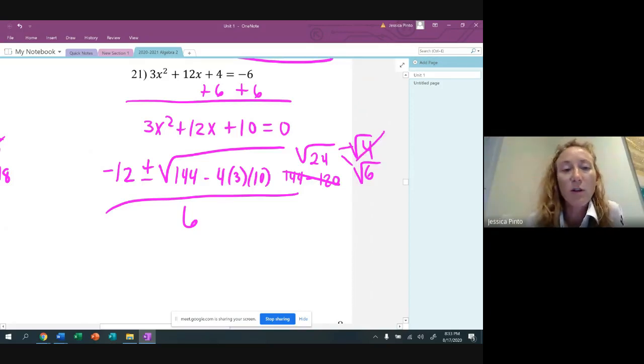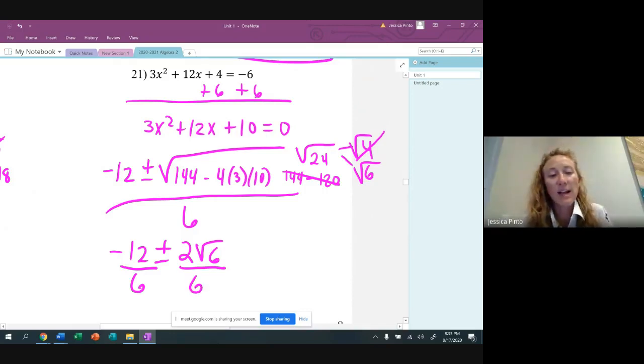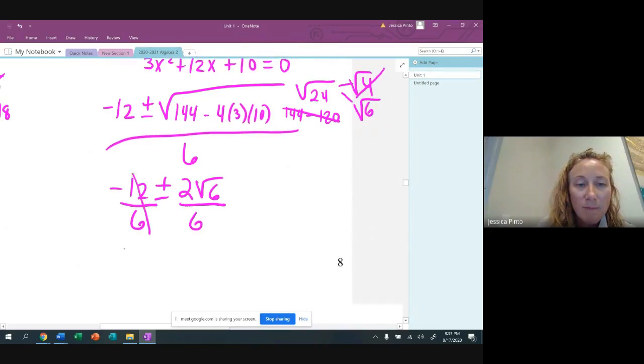So the square root of 4, I've got -12 plus or minus 2 rad 6. And then distributing the 6 because I have those coefficients, and I'm going to get -2 plus or minus, dividing those, square root of 6 still, but over 3.